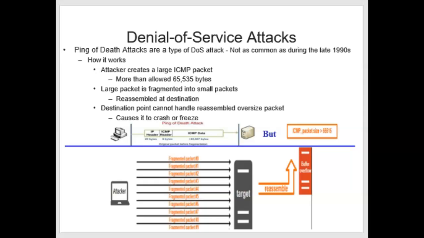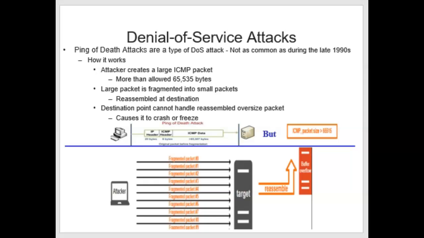I mentioned 65,535 bytes. And the system at the destination can't handle the assembled, oversized packets, and it causes the system to crash or freeze, right? That's an example of a buffer overflow attack. So when I contact an application server, a portion of the memory is allocated to this interaction.